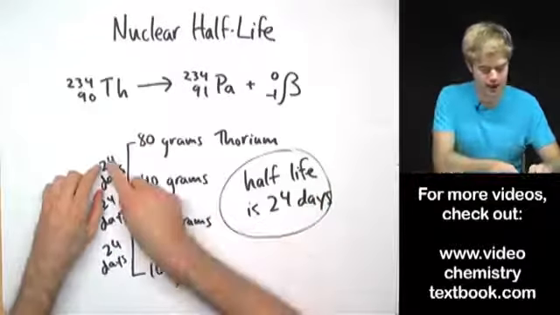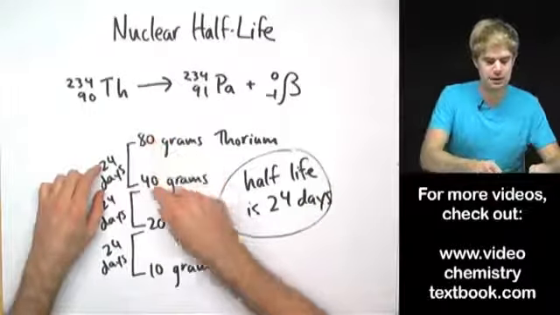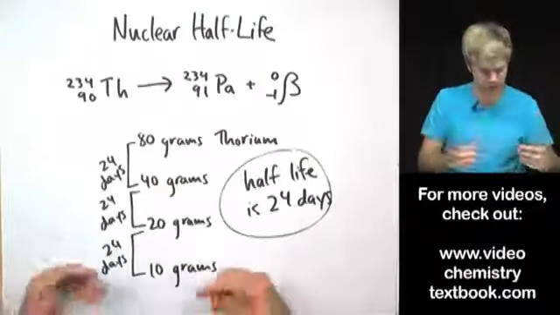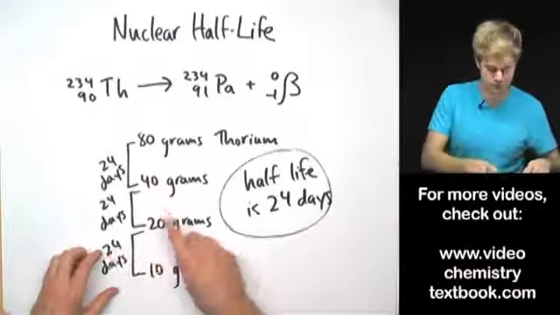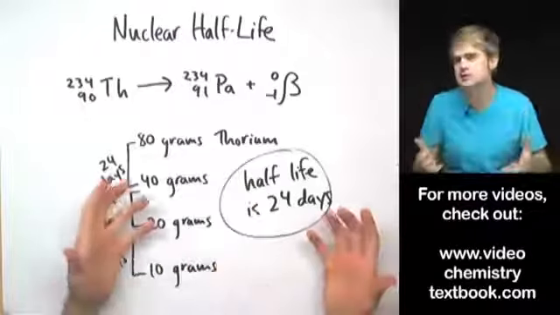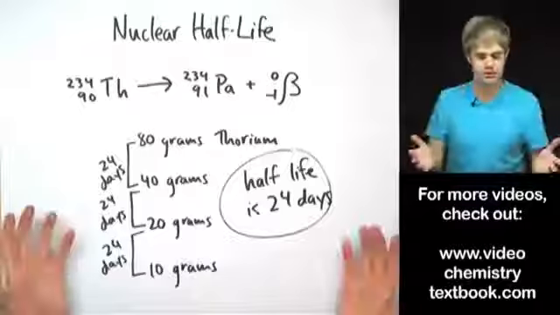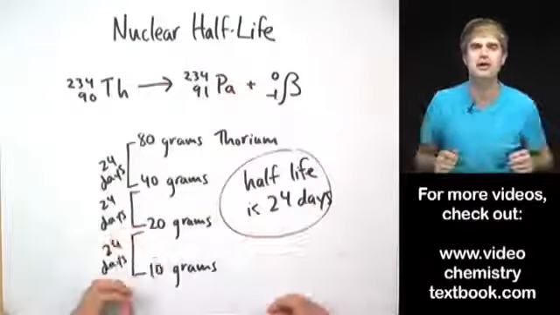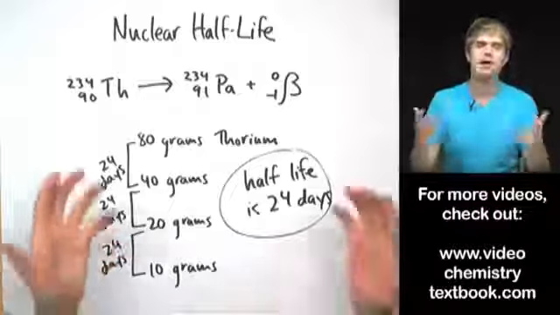So 24 days to go from 80 to 40, the amount we have gets cut in half. 24 days to go from 40 to 20, cut in half again. 24 days to go from 20 to 10, gets cut in half again. And remember, I'm saying disappearing, but it's not that it disappears. It's just not thorium anymore. It's becoming protactinium. But when I say disappear, that's what I mean.